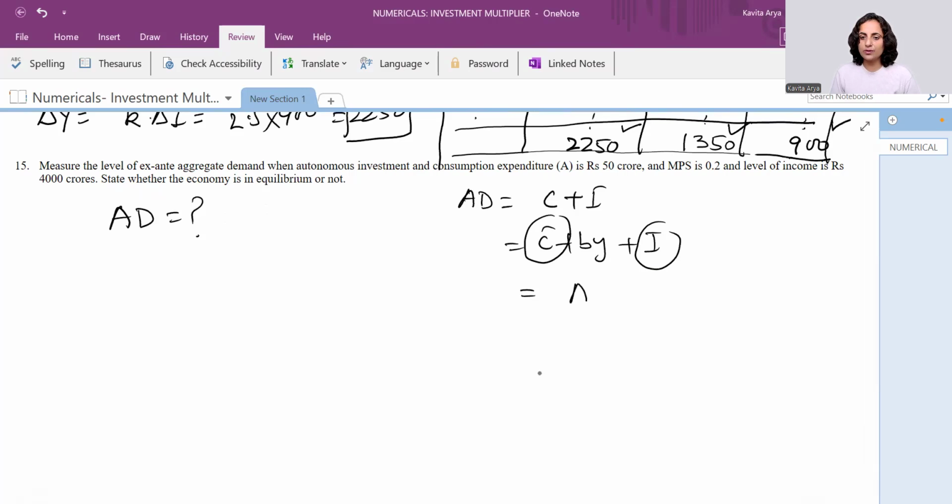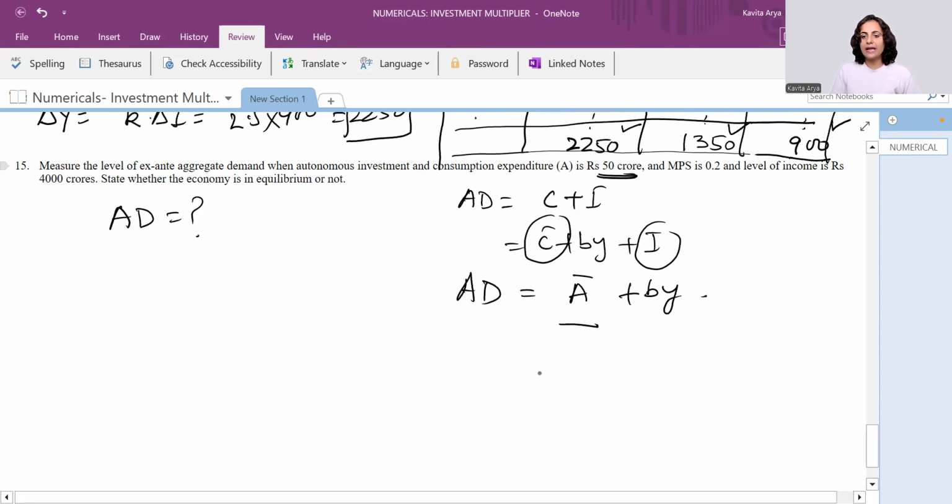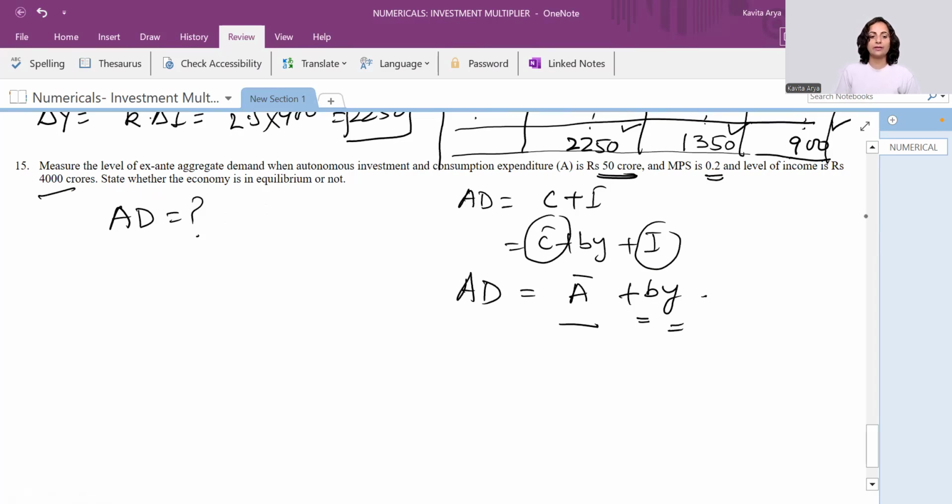So this formula is also given a notation of A bar plus bY. It means for AD we are given A bar, that is this value, and MPC is given, so MPS becomes 0.2 and Y becomes 4000. So it is merely filling the values, that is AD is equal to A bar is 50, MPC becomes 0.8 because MPS is given to be 0.2, and the level of income is 4000.